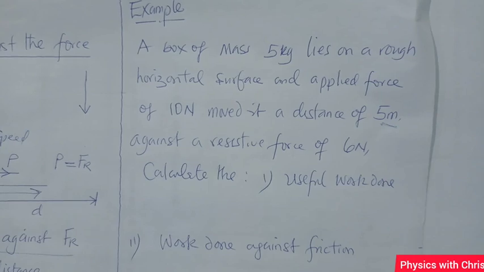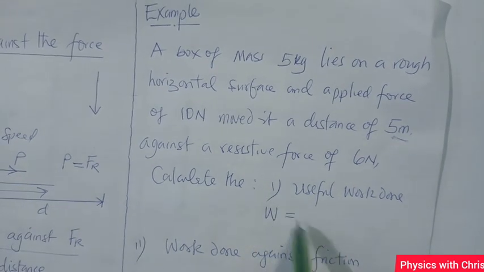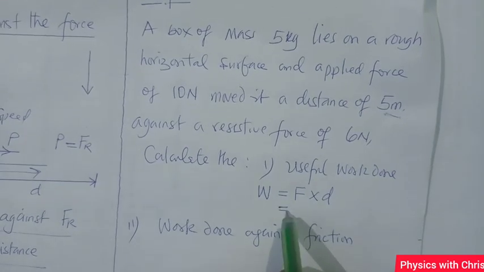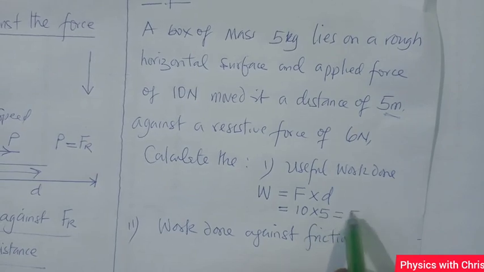There's no friction acting between the two surfaces, that is the surface of the block and the horizontal surface. So the minimum work done is going to be the applied force multiplied by the distance moved in the direction of the force. That will give me 10 times 5, that gives me 50 joule. That is the minimum work done.